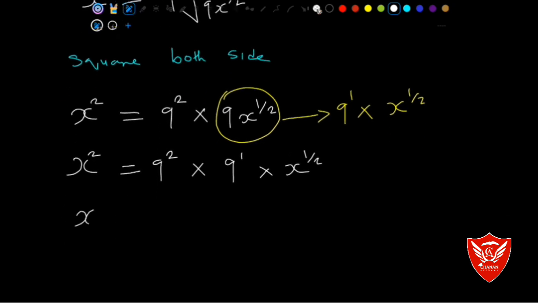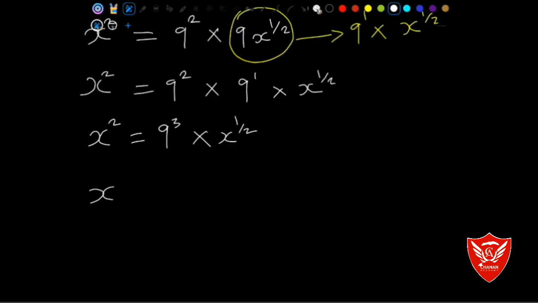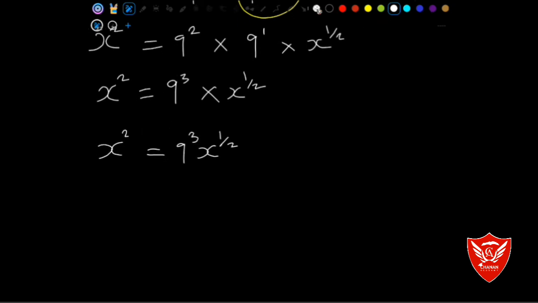If we add the power 2 plus 1, it will be 3. That's from indices. And then we have multiplied by x^(1/2). So we now have x^2 equal to 9^3 x^(1/2). So let's divide both sides by x raised to the power of half.